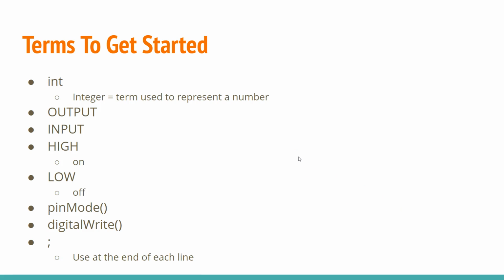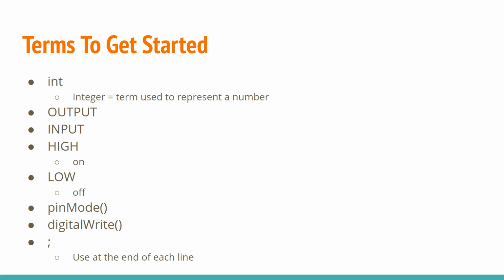So, some terms to get you started, and we'll cover this in the next lesson. INT refers to an integer, and an integer is a term used to represent a number. So if I say something like INT, and then I use the phrase LED, so an LED light bulb, for instance, I can set that equal to a specific number.